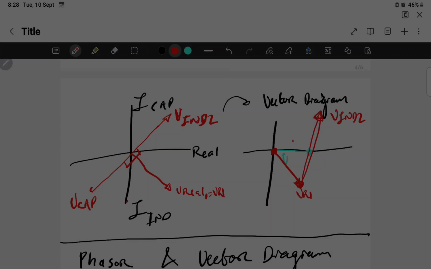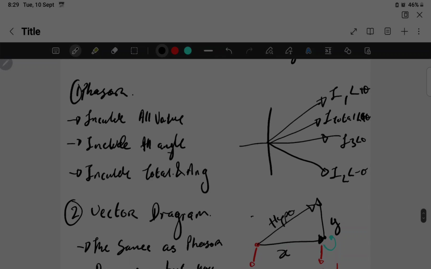And now we are going to draw VCAP3, and that all gives us the hypotenuse, but it won't be the hypotenuse here, it will be your supplied voltage. That's basically how you draw your vector diagram and your phasor diagram.